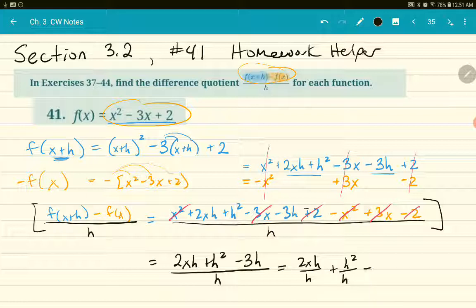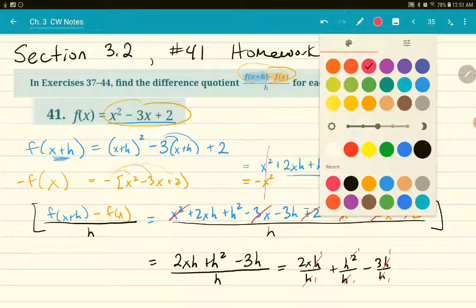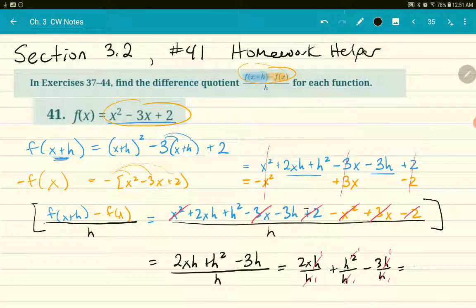Again, this is an intermediate step to show my thinking, but you don't have to write that intermediate step. And then once I do that, I get my h's are going to cancel here, and here, and here. Those all turn to 1's. And I'm left with 2x plus h minus 3.